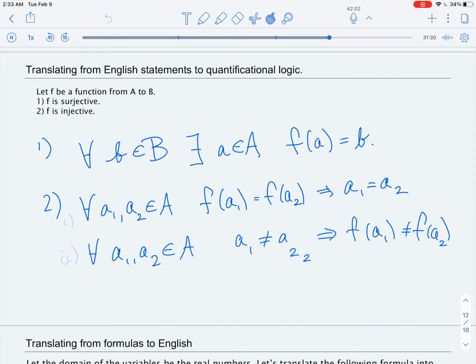And so those are both equivalent because the implication is logically equivalent to its contrapositive, which is the second version of it. But both of them are fine.